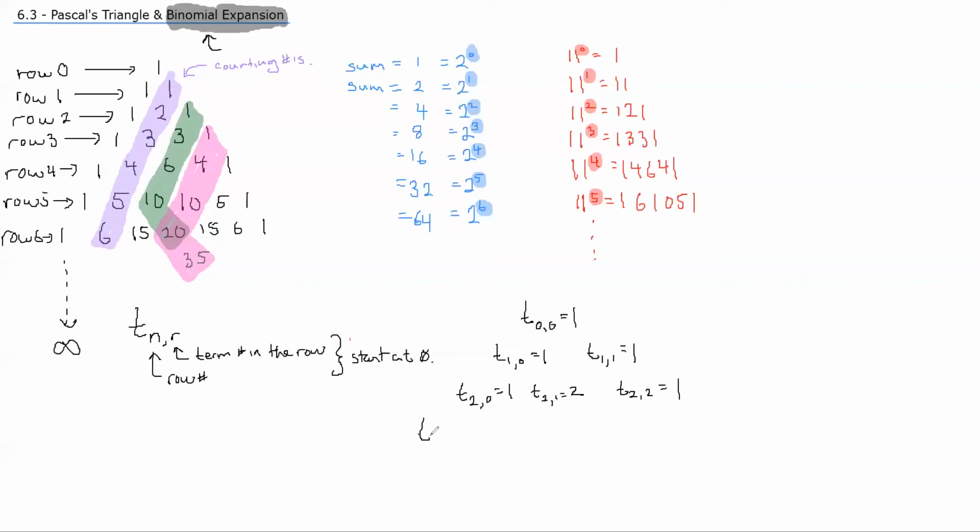Next, in the third row, the 0th term is a 1. In the third row, the first term is a 3. In the third row, the second term is a 3. And in the third row, the third term is a 1. Getting the hang of it? Try the next line without me saying anything. We can pause the video. If you haven't done so, pause the video and do it now.